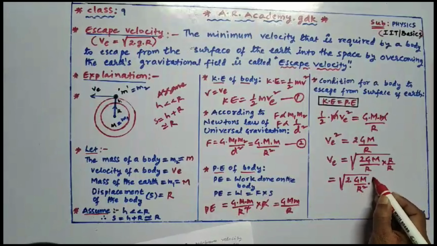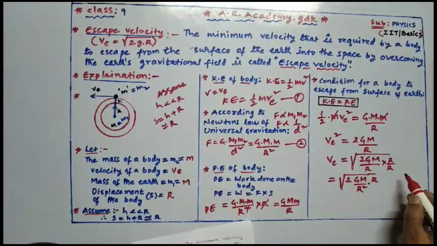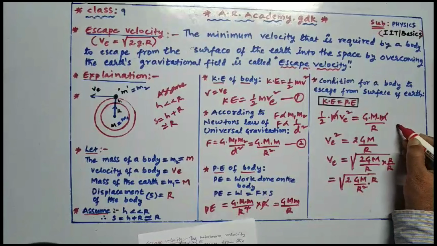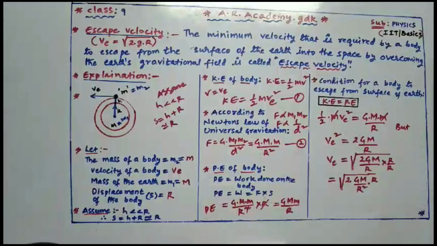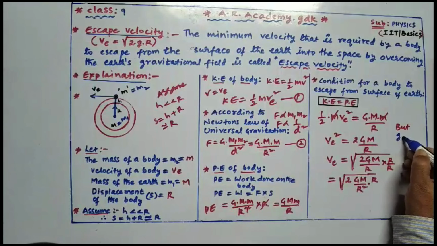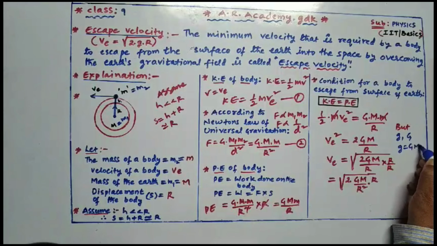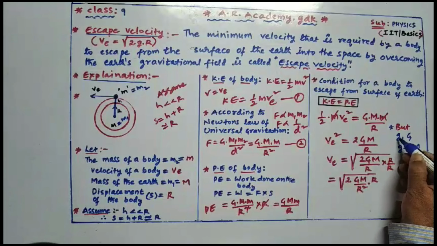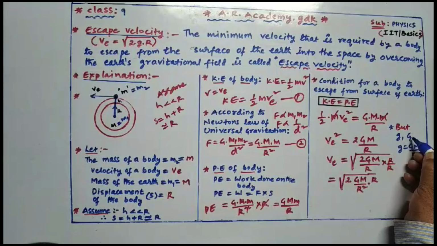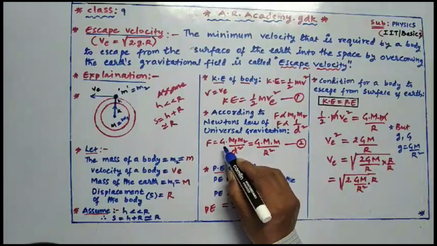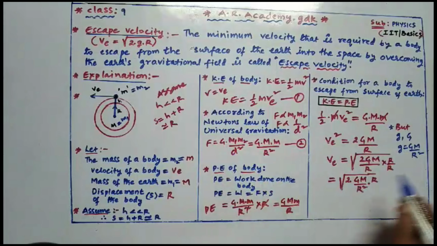But you know the relation between small g and capital G: g equals GM by R square. This you remember. This is the relation between small g and capital G, where capital G is the universal gravitational constant.